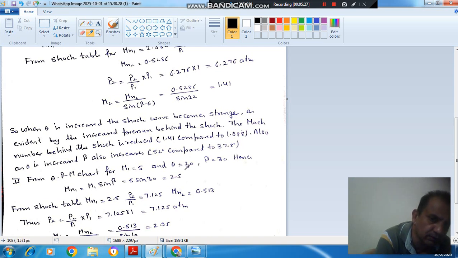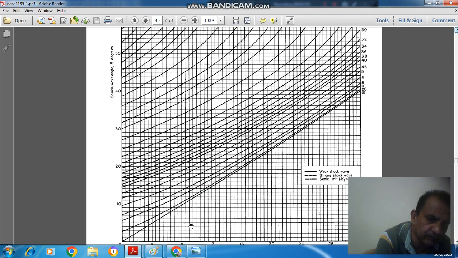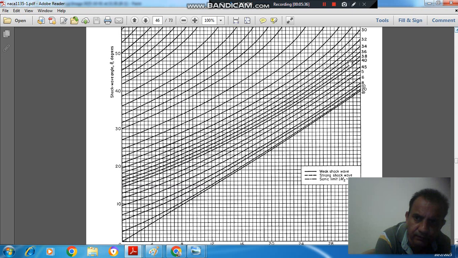M1 equal to 5 is this line and this is your theta. So we will get beta as approximately 30 degree.